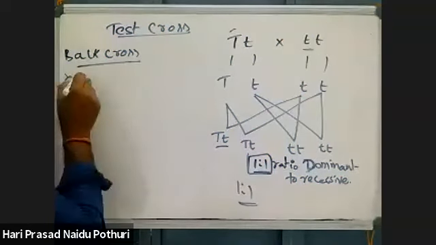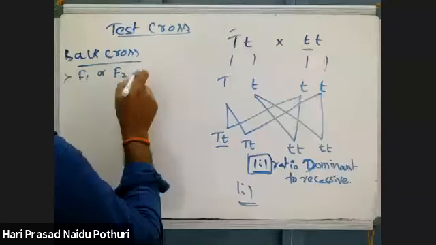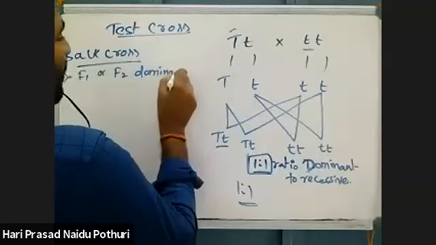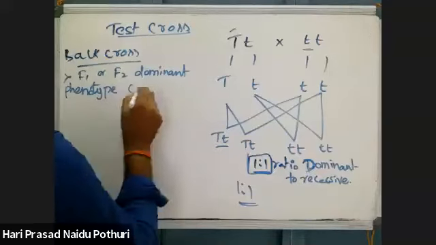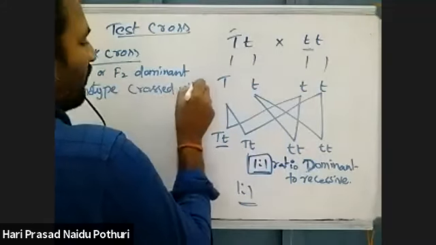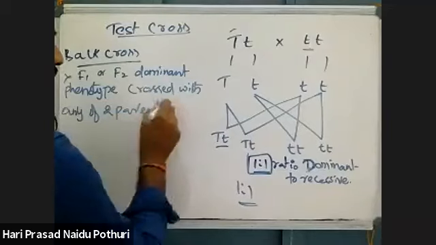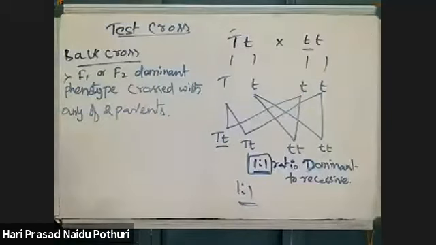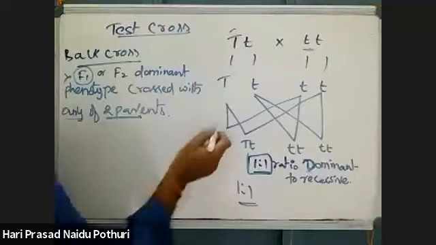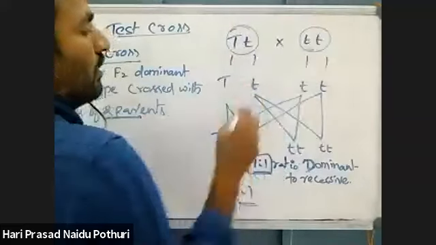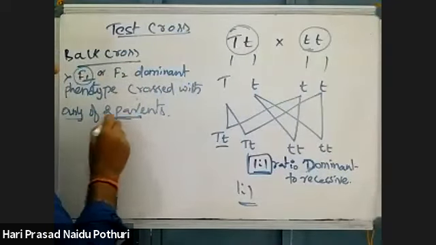Back cross means an F1 or F2 dominant phenotype is crossed with either of the two parents.